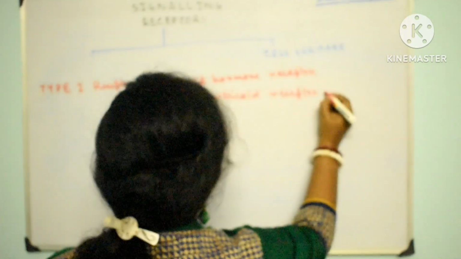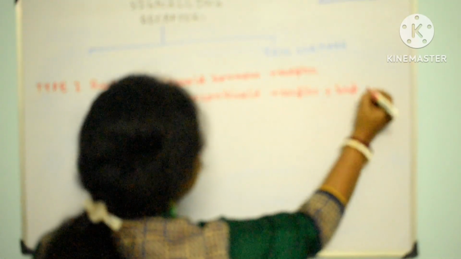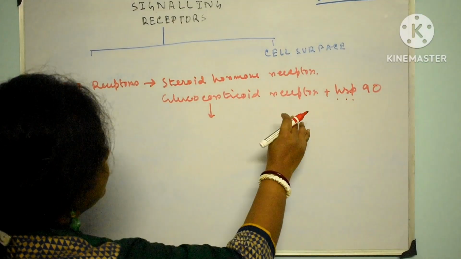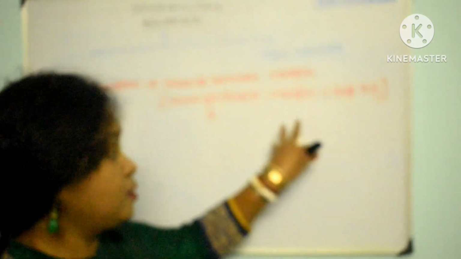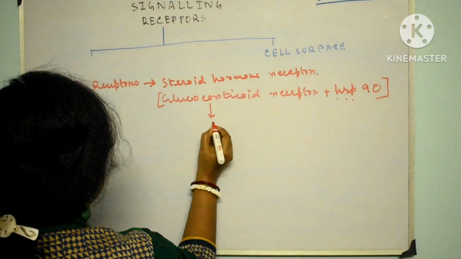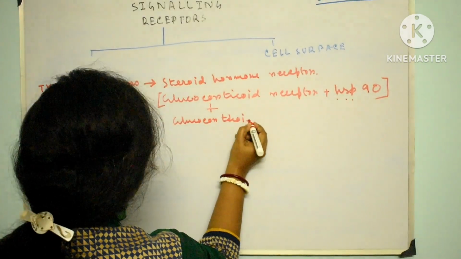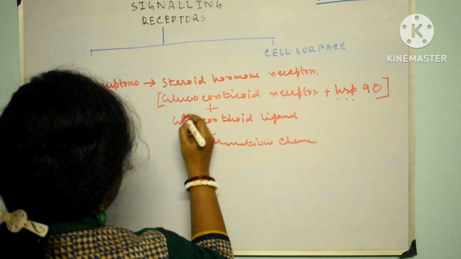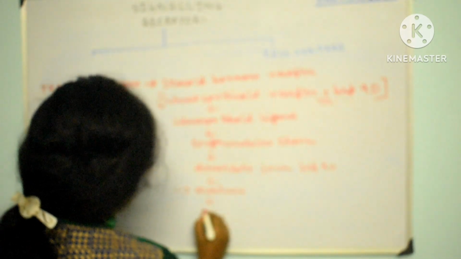Normally the glucocorticoid receptor remains bound with HSP 90; this is its normal condition. Now when the glucocorticoid ligand comes, a conformational change occurs, it dissociates from HSP 90, then moves into the nucleus and activates genes.